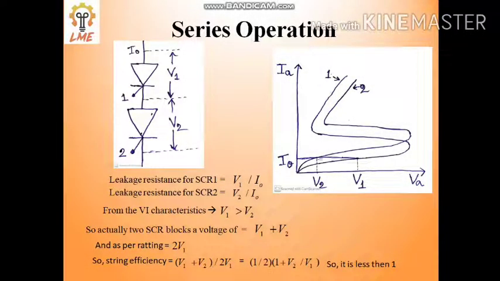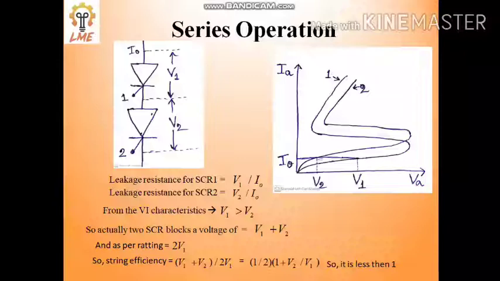When we operate in series or parallel, meaning string operation, we have to know that for getting maximum efficiency, all SCRs in that string should have the same or identical V-I characteristics.